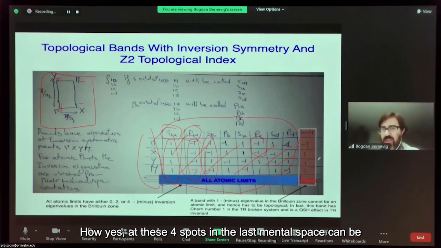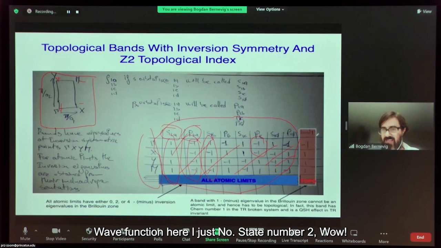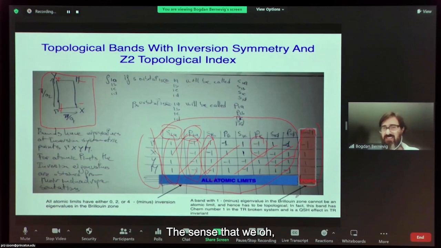So now, if you find a band that has an odd number of inversion eigenvalues, then you know it's topological. And this is the Z2 index, which is whether the inversion eigenvalues are even or odd, okay, with time reversal and Kramers pairs. So it's just a generalization of this.